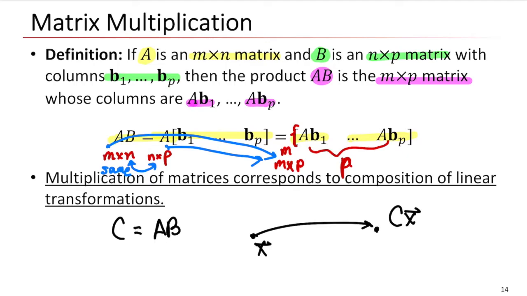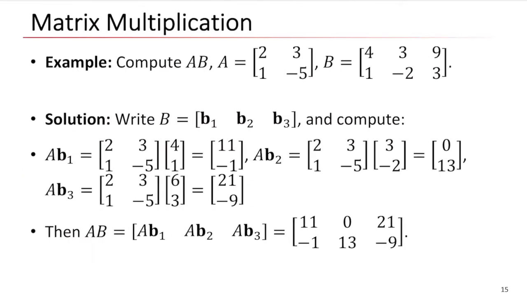There are two transformations, B times x and then A times B times x, and these two should be the same. So the multiplication of matrices corresponds to the composition of linear transformations. This is the concept of matrix multiplication.